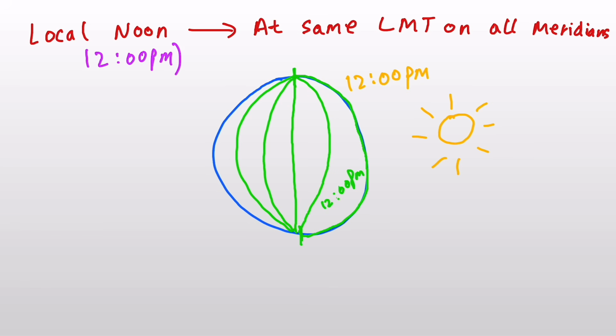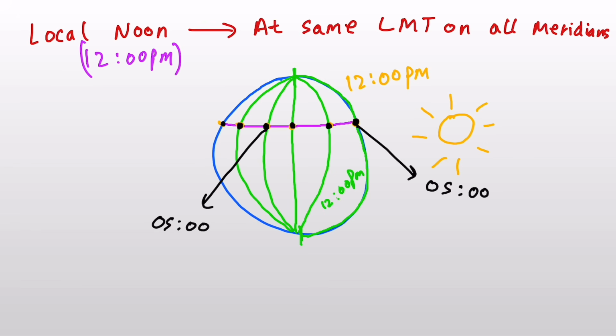Be it any longitude. Now another fact which is connected to this one is that all longitudes which are on the same parallel of latitude will have the same time of sunrise and sunset. Obviously the local time. So all these places on this particular purple latitude will have the same time of sunrise and sunset. So if the sun is rising at, let's say, 500 hours on this longitude, it will rise at 500 hours at this longitude as well.